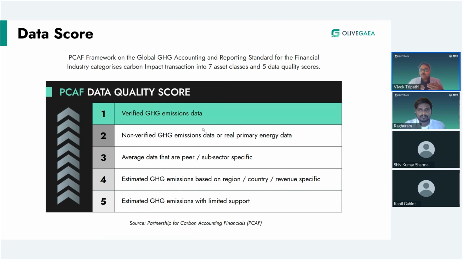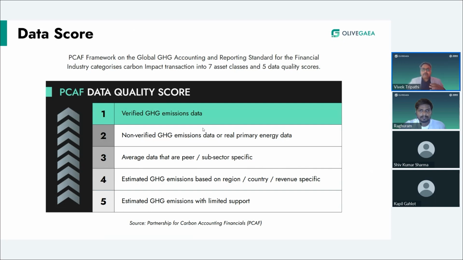As the data score goes from 1 to 5, the overall confidence of the financed emission calculation goes down. That's where it creates a challenge for your stakeholders to believe whatever number you're projecting in your financed emissions, and how accurate they are.